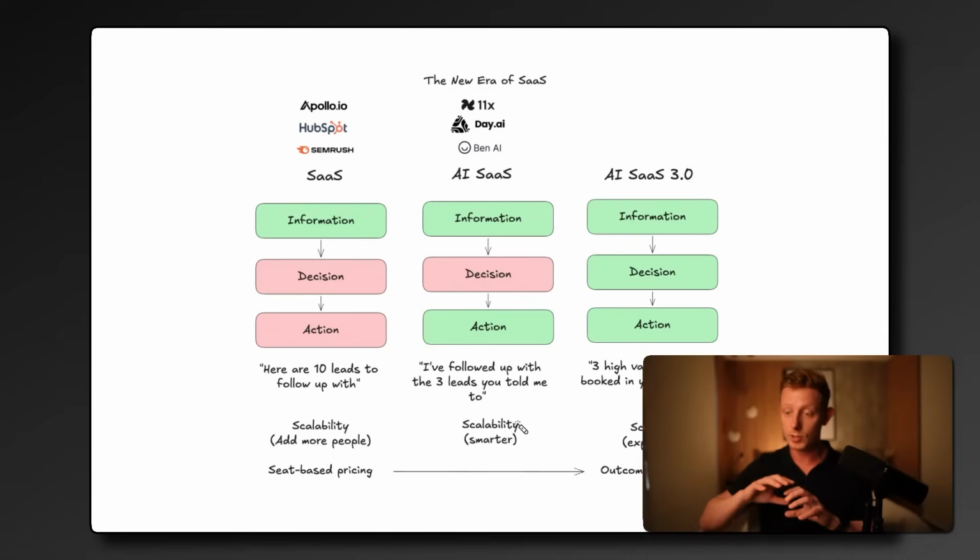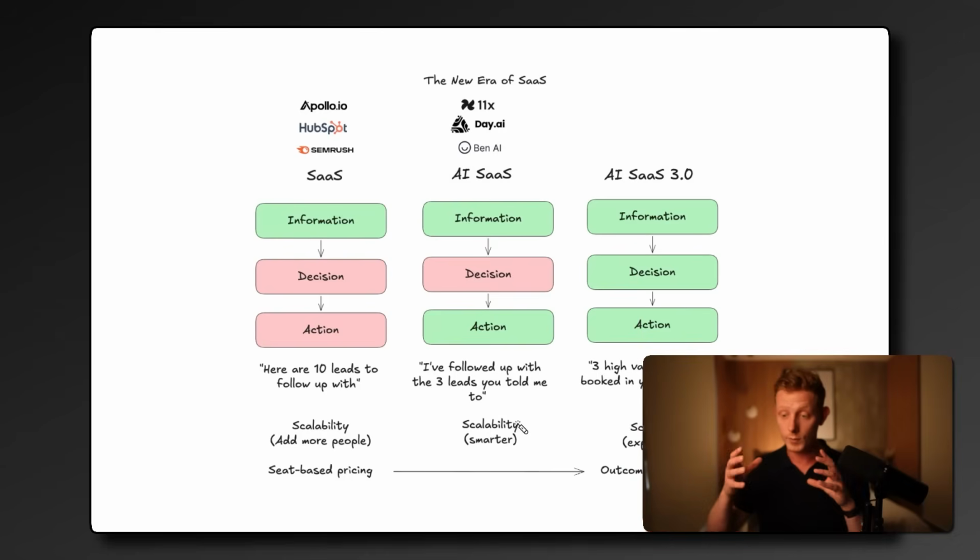So the information layer is already being improved. But more importantly than that, in this new AI SaaS wave, more and more of the action layer is also being taken over by AI. So besides just saying here are the highest priority leads you have to follow up with today, it can actually do the follow-ups, and even in a personalized way.